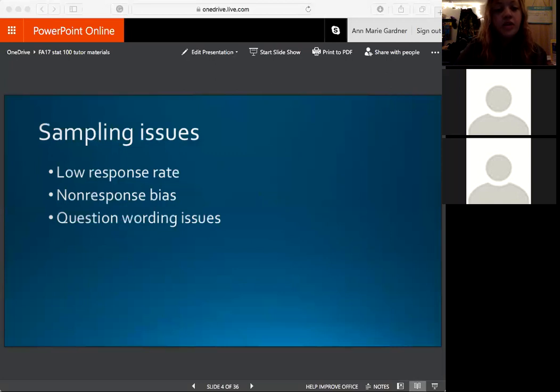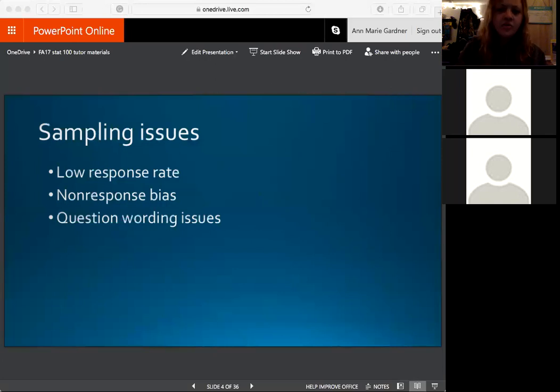And then question wording issues are basically about how you word the question that you're asking your participants and how that can lead them one way or another. There are things like the importance of the order: the way that you order the different options can affect that.